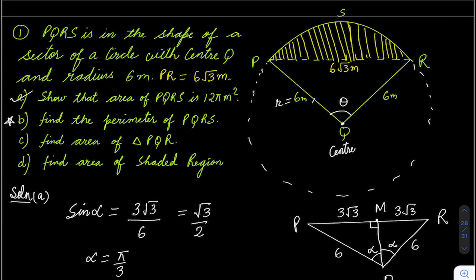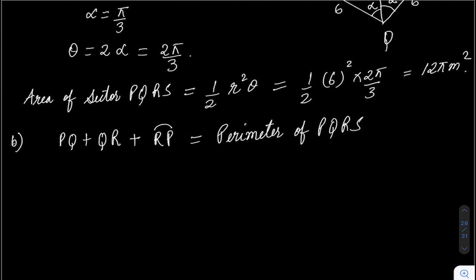So basically we need this length plus this arc length. We know these two are radius, so we need to find the length of arc. So let's quickly find this RP, length of arc. It's just a symbol of this R to P and it's an arc. So length of arc RP is r theta. R is 6, theta is 2 pi by 3.